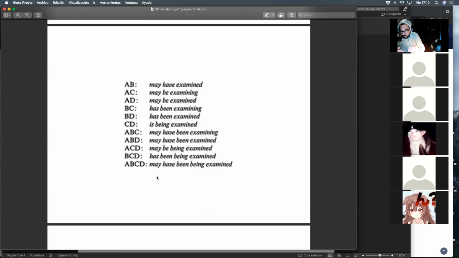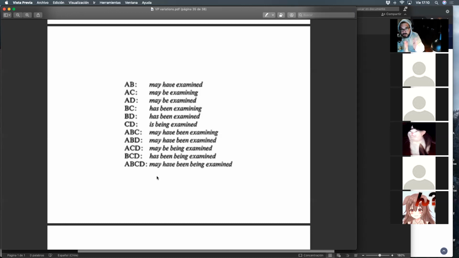Therefore, a finite verb phrase can be analyzed by using these letters. And as a consequence, you have this chart. This is the summary. These are the only possible ways in which you can write a finite verb phrase in English. And as you can see, you can begin with A, with B, with C, right? And there is a progression of that, right?